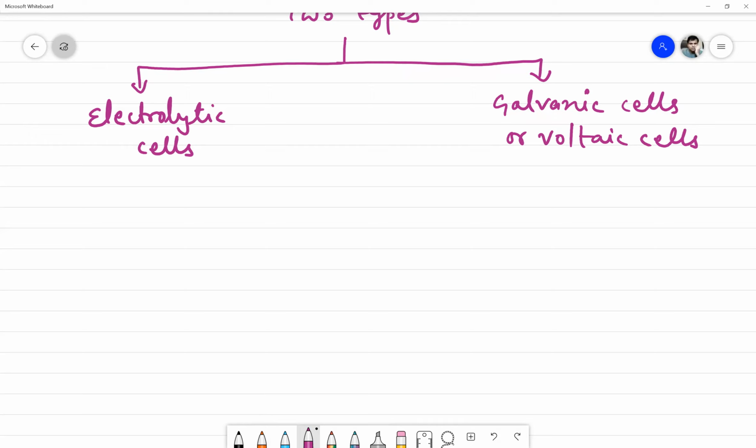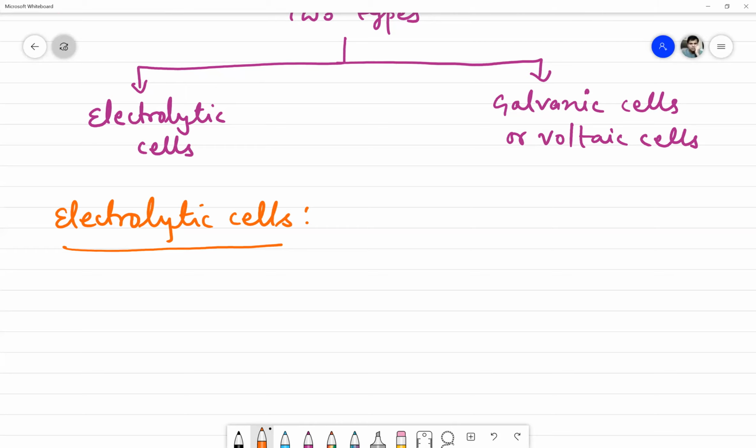All right, so what is an electrolytic cell? Electrolytic cells are the cells which convert the electrical energy into chemical energy.